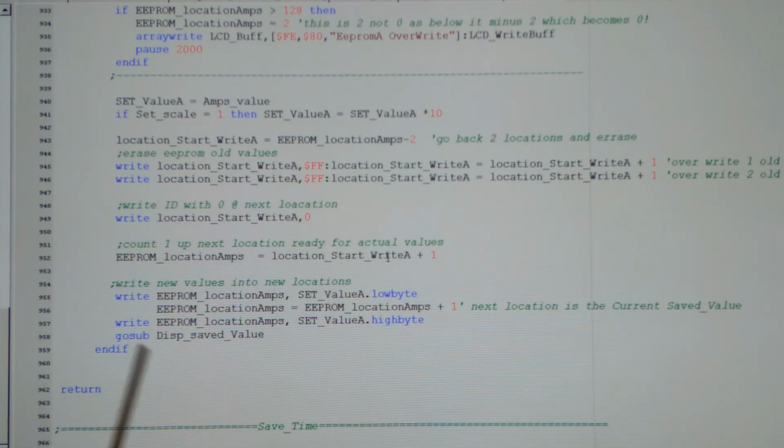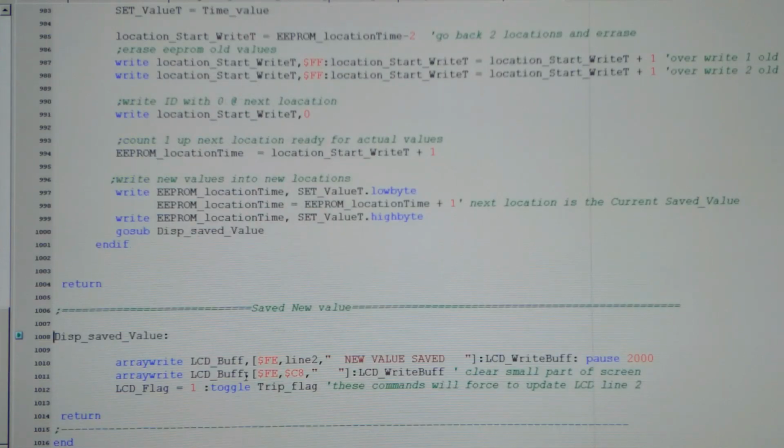And then go sub display saved value, because once the code writes to it, it displays on your LCD screen that you have saved the value. And if we go display save value, where is that? Display save value is here, and it's going to tell us new value saved. It's going to display that on the LCD screen.